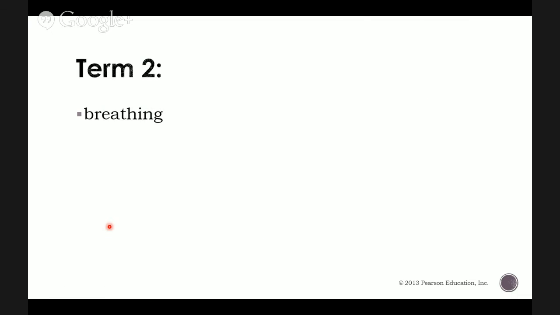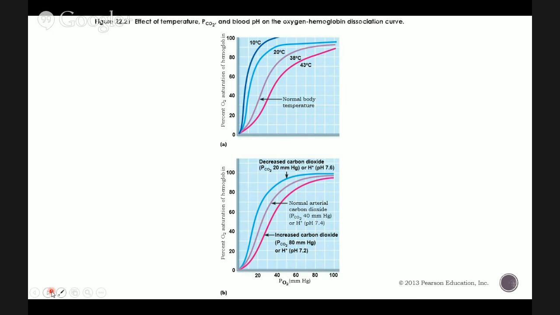Here's your second term for today, breathing. Another factor is temperature. So when your body's exercising, are you going to have a higher or lower body temperature? A higher body temperature, right?